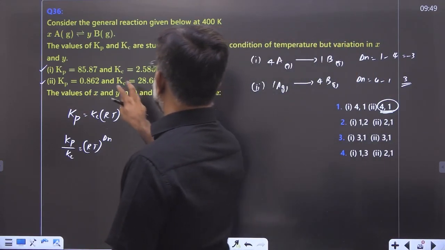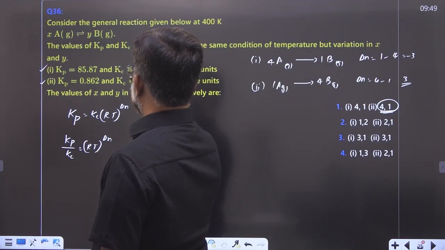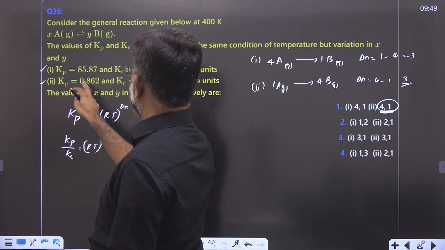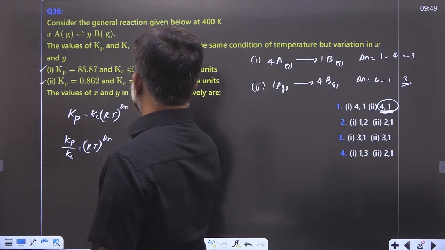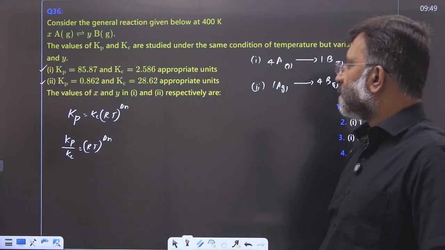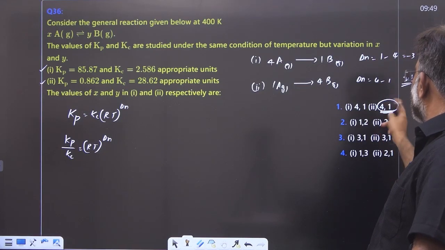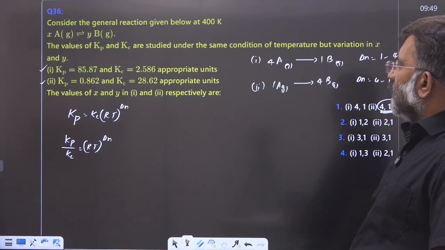But this is not found to be the same ratio. 85.87 by 2.5 comes to nearly 30-32. 0.8 by 28.67 is definitely a highly different figure. So the same coefficients will never come. This may have been swapped, maybe, right?